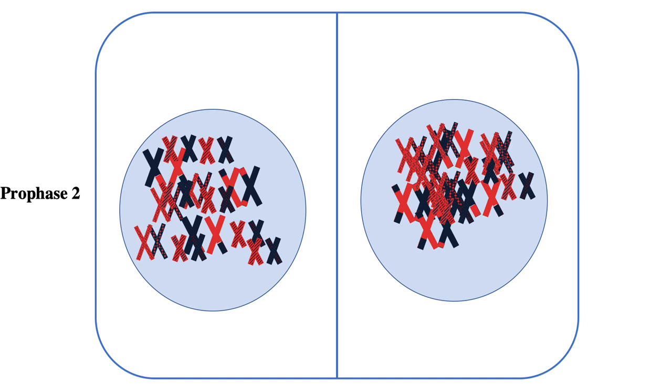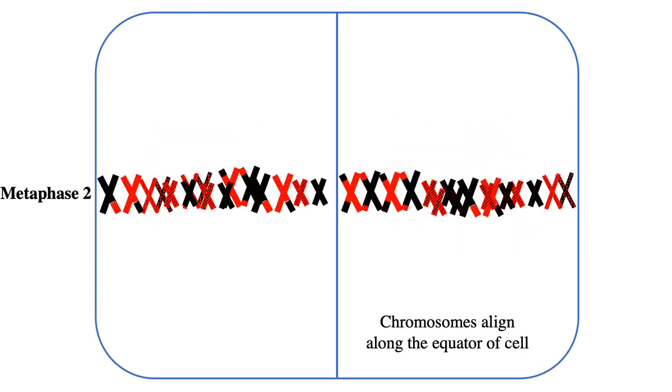So now let's have a look at what will be happening in meiosis 2. In meiosis 2, first there will be prophase 2. In prophase 2, if there is a nucleus, then it will simply dissolve.